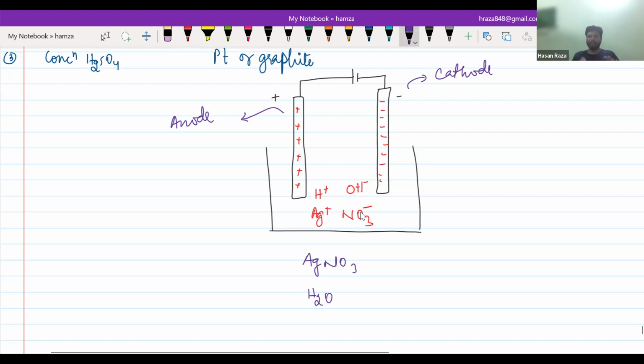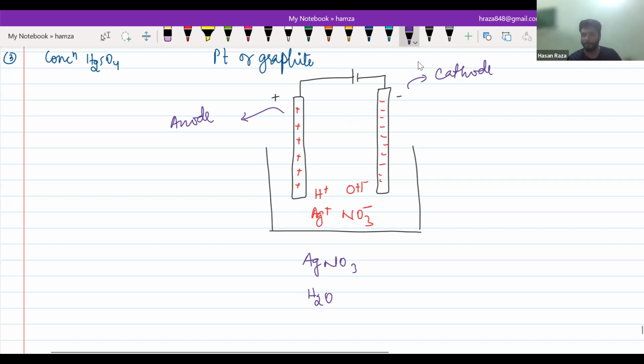So we know that positive ions will go to negative electrode and negative ions will go to positive electrode. But we have two cations, that means positive ions, and we have two anions, that means negative ions. So which one will go first? That we will check.